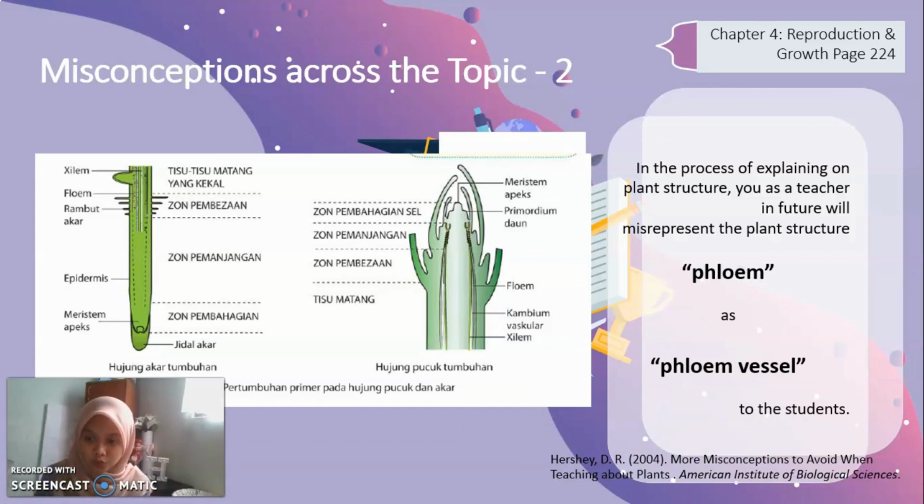As a teacher in future, you may misrepresent the plant structure phloem as phloem vessel to the students, and that is incorrect. Phloem is not a phloem vessel. It's quite confusing, right?